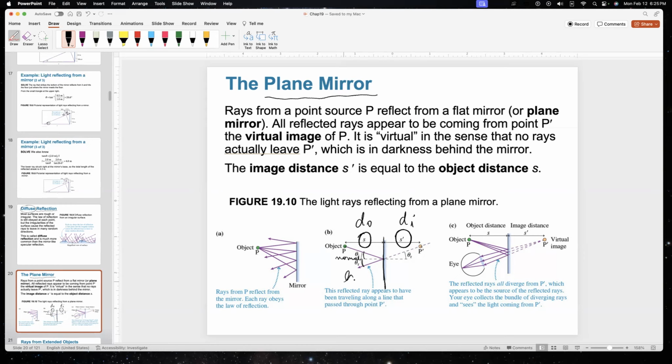So it means that hO is equal to hI, and DO is equal to DI when you're using a plane mirror. The image is not going to be deformed or distorted, because this is a good plane mirror, so there's no curving. DO is going to be DI, meaning the distance of yourself to the mirror is going to be the same as the distance of your image to the mirror, and your size is going to be the same as the size of the image if you have plane mirrors.